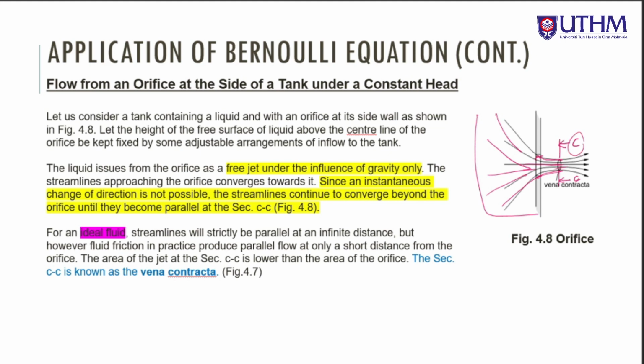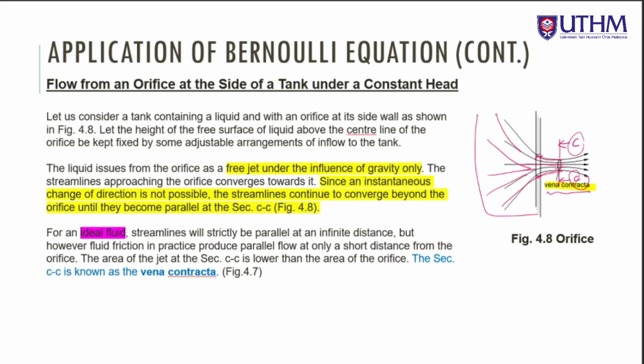Ini area CC ataupun dengan nama lain, benda ni sebenarnya kita panggil sebagai vena contracta. Okay, take note this is a vena contracta di mana streamlines is converge and then the flow becomes parallel.